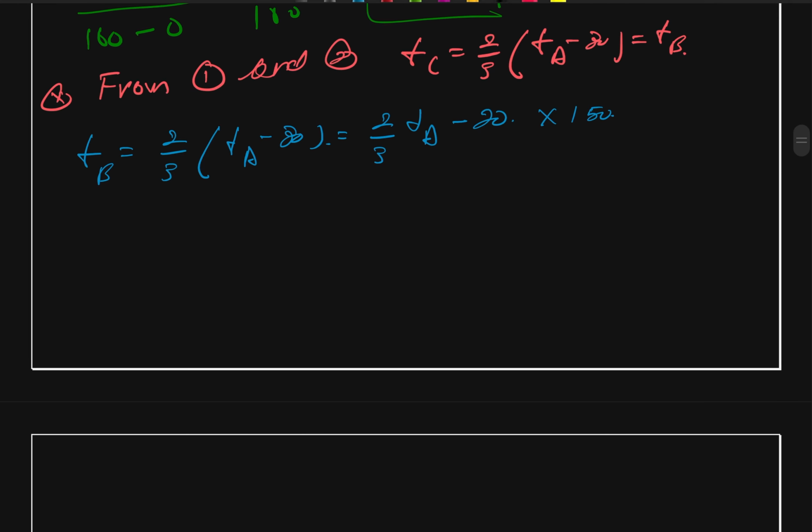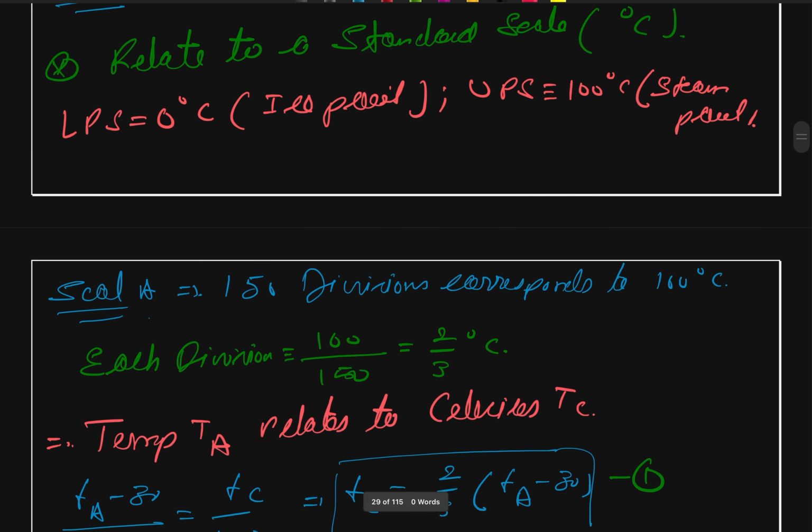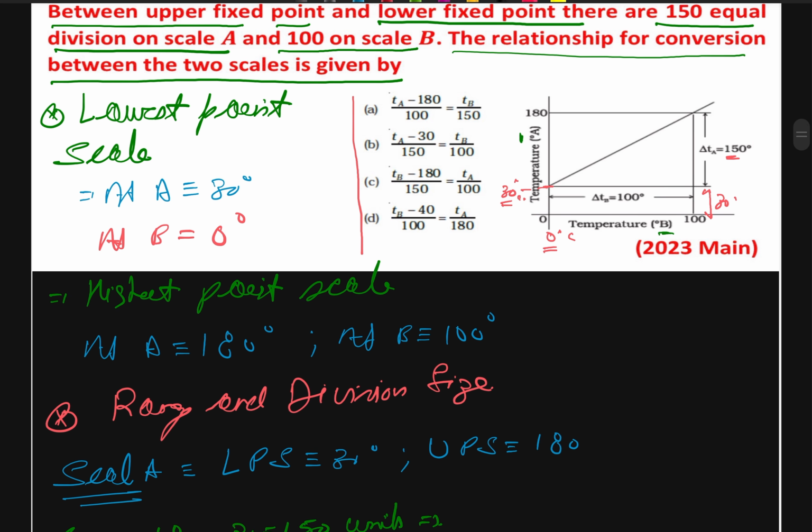Therefore, we get this as 150 T of B is equal to 150 and 50. This will be 100 T of A, and minus this will be equal to 3000. Okay, there is no need to solve this much. I think we already got the answer.